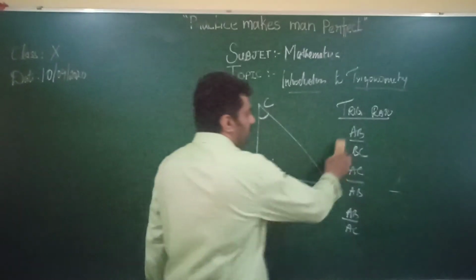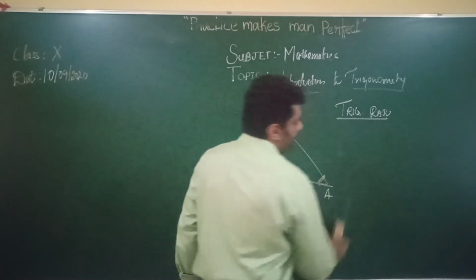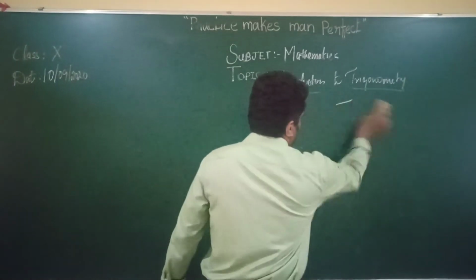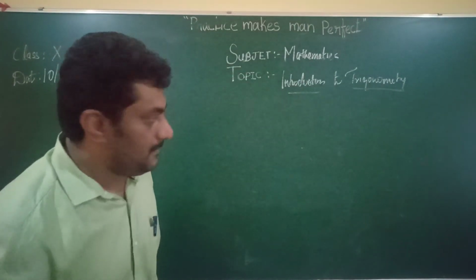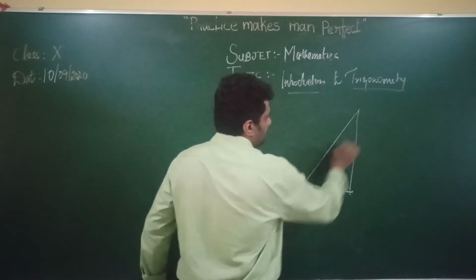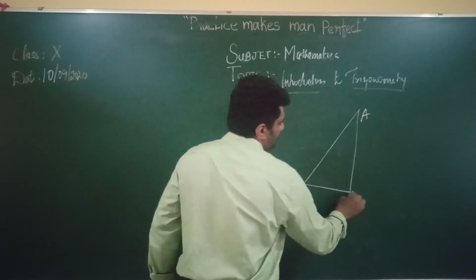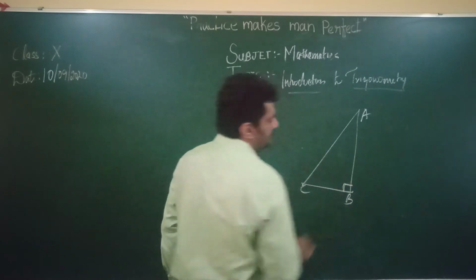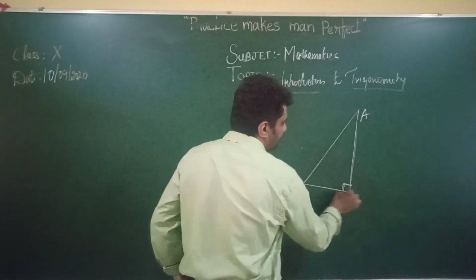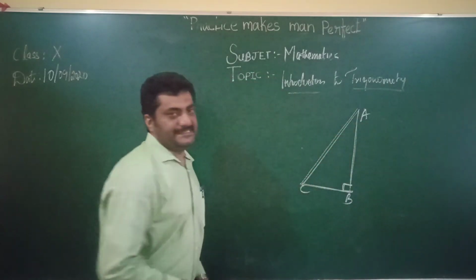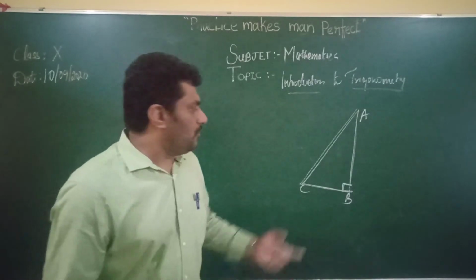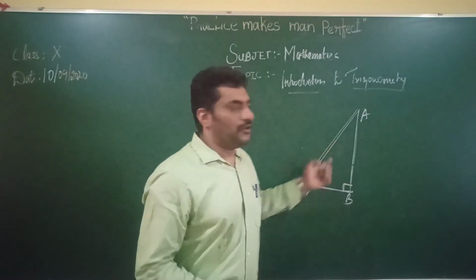Let's see what the name for each is. This is the right angle triangle ABC. This is 90 degrees. Now these are the sides AB, BC and AC. The first one is the ratio of a side and the hypotenuse.